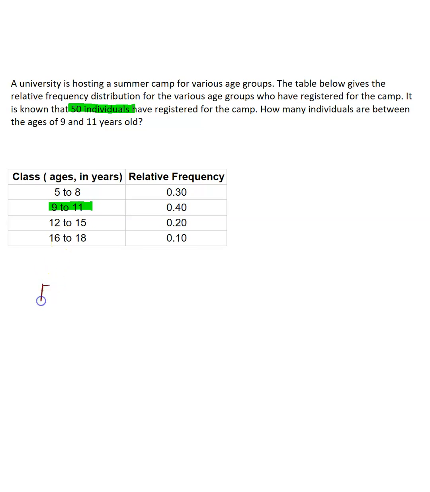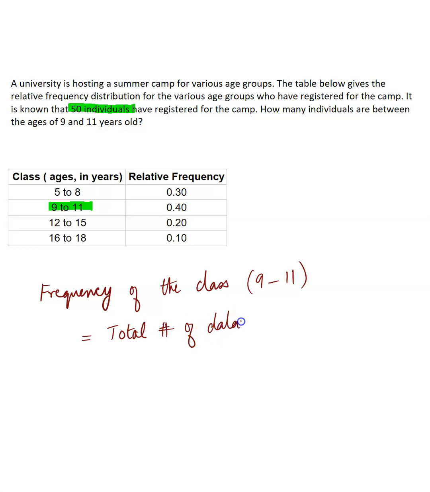You're trying to find the frequency of the class 9 to 11 years old, right? Those children. And so for that, you have to get the total number of data values times the relative frequency of that class.